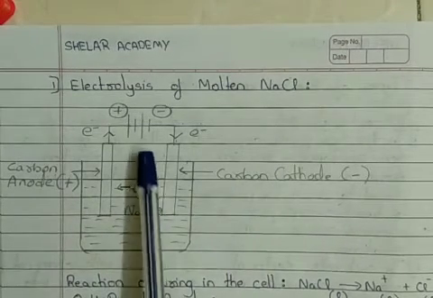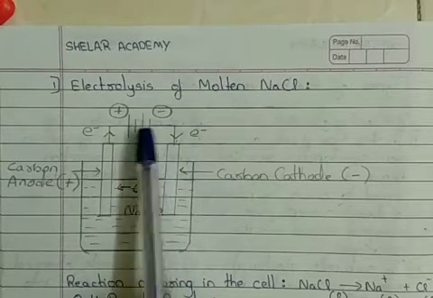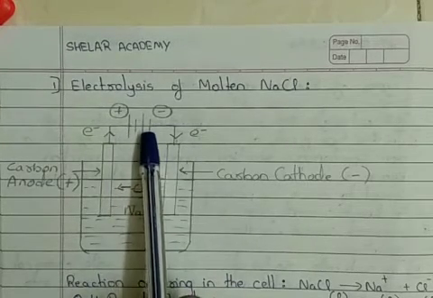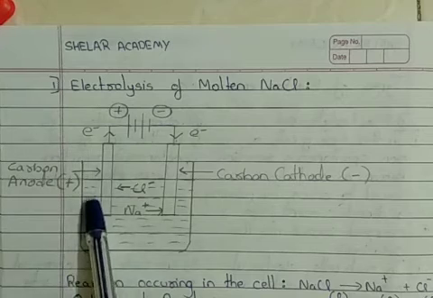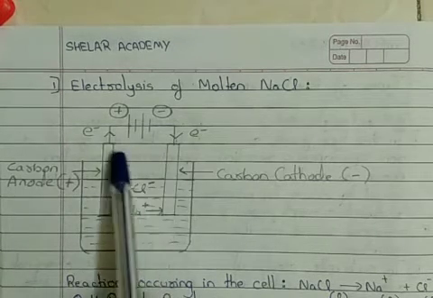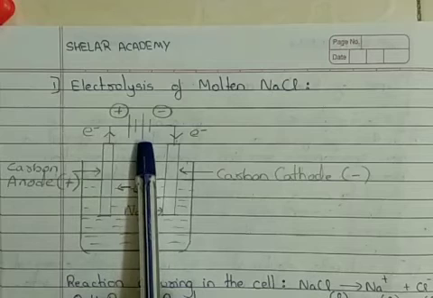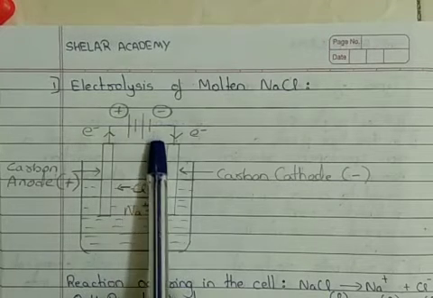Now the external source, because electrolysis is the one where you are going to convert electrical energy into chemical energy, and it is non-spontaneous. So we will be requiring an external source. That external source is nothing but our battery.